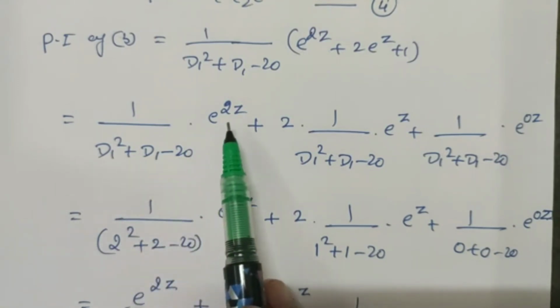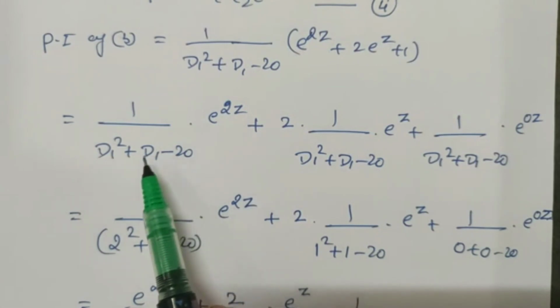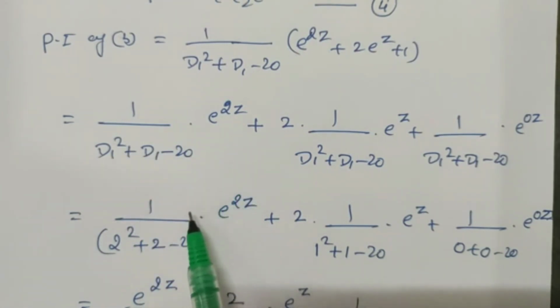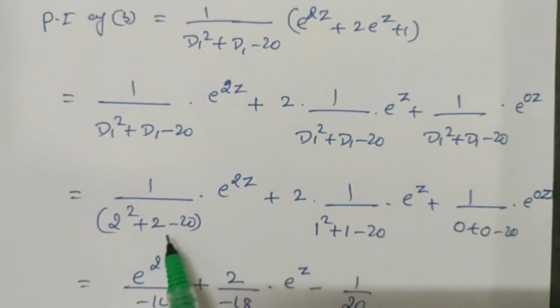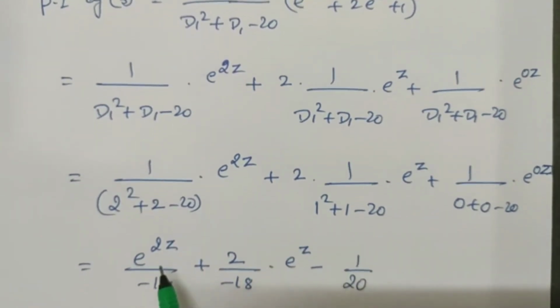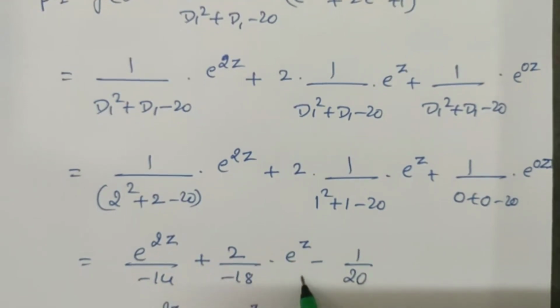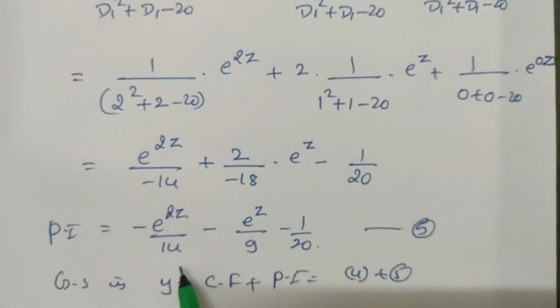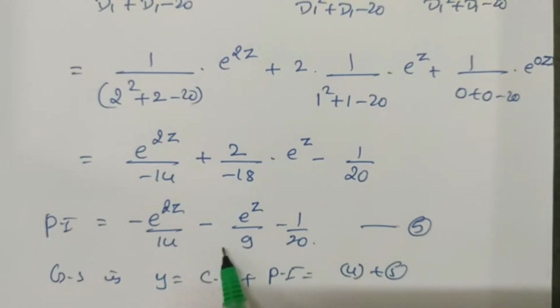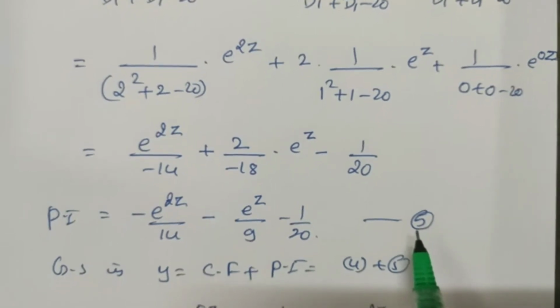If it is 0 then we can go for another method. So first put D1 equals 2 and simplify. You will get e to the power of 2z by minus 14, and this is minus 2 by 18 e raised to z, minus 1 by 20. That is minus e raised to 2z by 14 minus e raised to z by 9 minus 1 by 20. Take this as equation number 5.